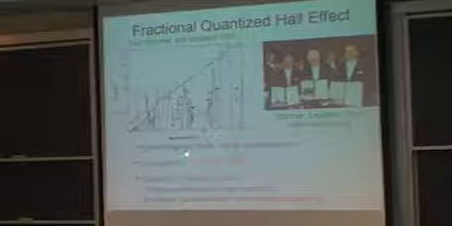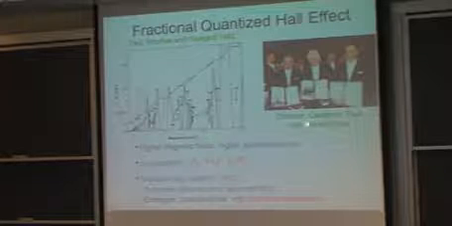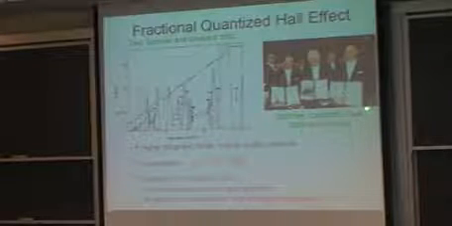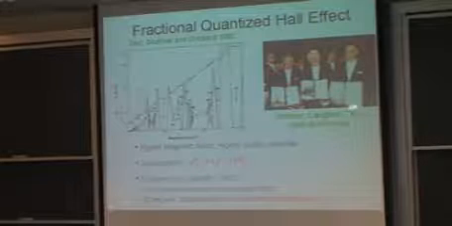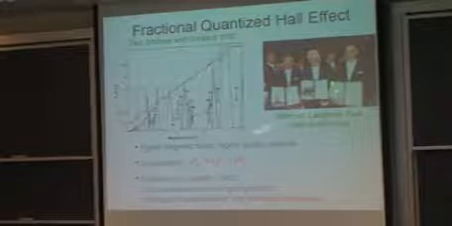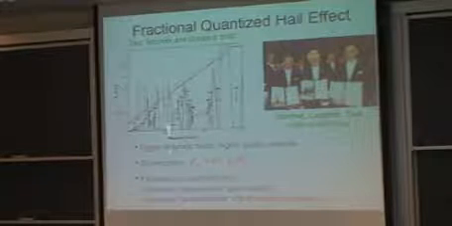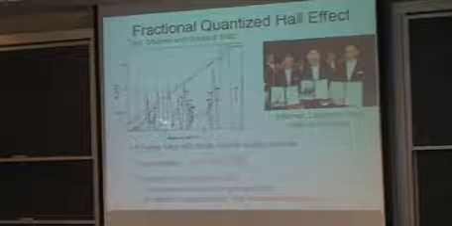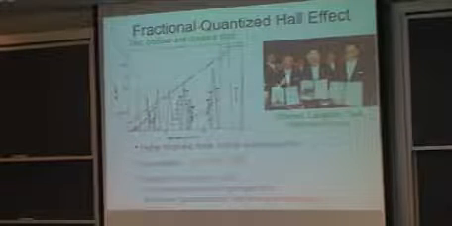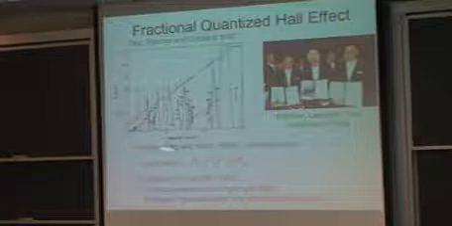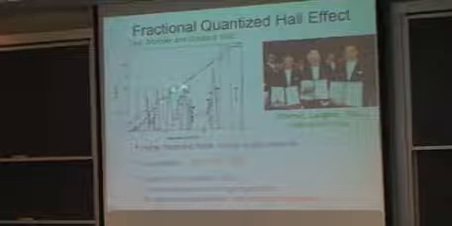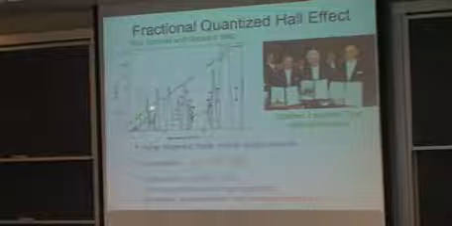And fractional quantized Hall effect was discovered by Stormer and Tsui. They did the experiment, whereas Laughlin developed the theory for it. And what you see here is different from the earlier, and this is actually a more recent result, because you have a hierarchy of states where you have these plateaus for fractional values also.